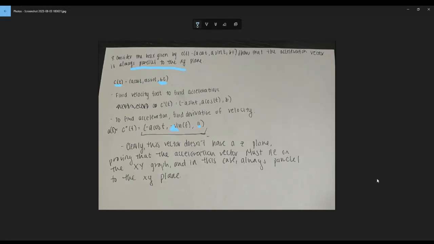So what's your conclusion? That the acceleration vector is always parallel. Okay, why? Because there's no z component, so the acceleration itself is always going to stay on the xy plane. It's going to be like a flat surface. Oh, I see. Right, because the z value is 0.